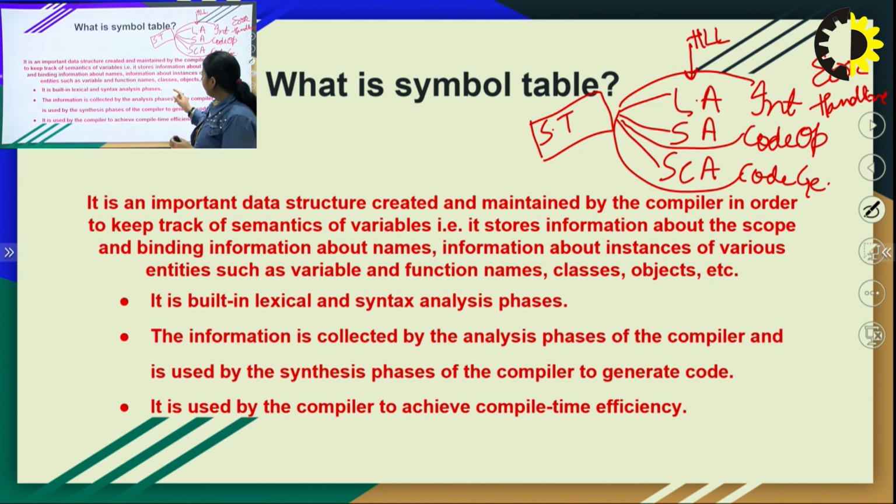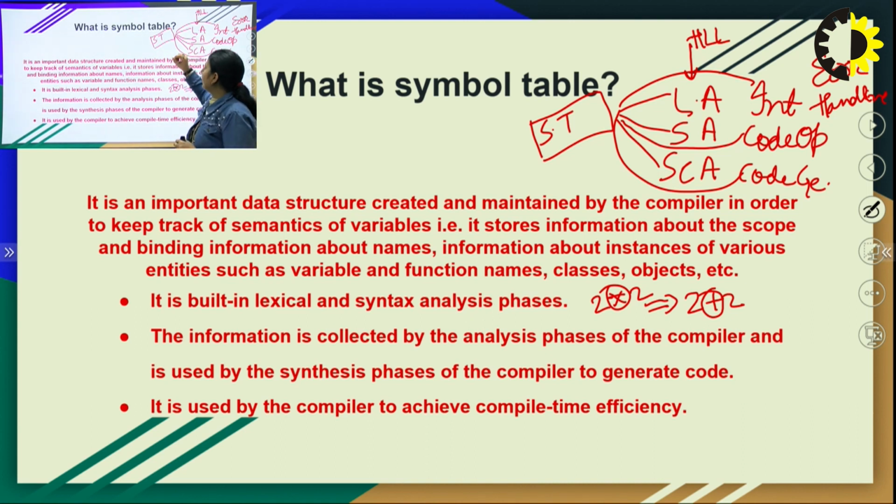For example, if there is 2 into 2, the code optimization can convert it into 2 plus 2, because plus needs less time for the compilation. So, all these phases are connected with the symbol table.